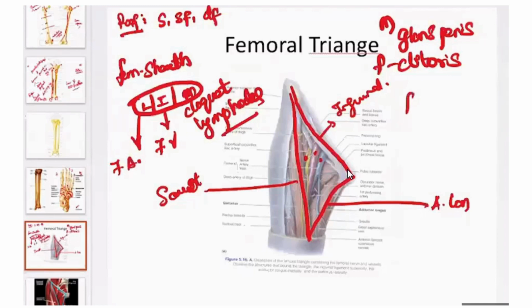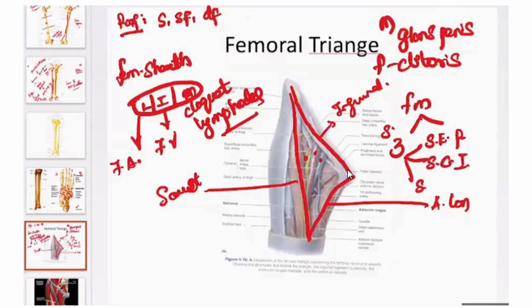Femoral artery at this level gives off three superficial branches: superficial external pudendal, superficial circumflex iliac, and superficial epigastric artery. And the deep branch gives off deep epigastric and deep pudendal. So two deep branches. I'll show these on the picture.